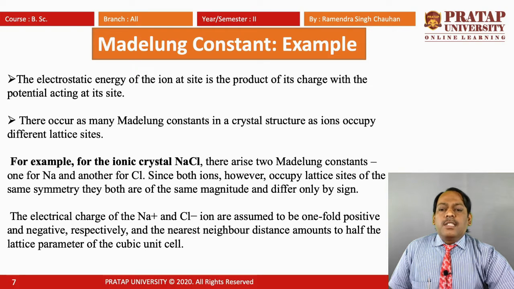The electrical charges of the Na plus and Cl minus ions are assumed to be one-fold positive and negative, respectively, and the nearest neighbor distance amounts to half the lattice parameter of the cubic unit cell. So here in this NaCl ionic crystal, for determining the Madelung constant, we can consider either Na or Cl.